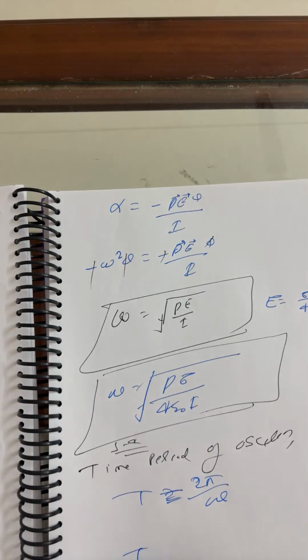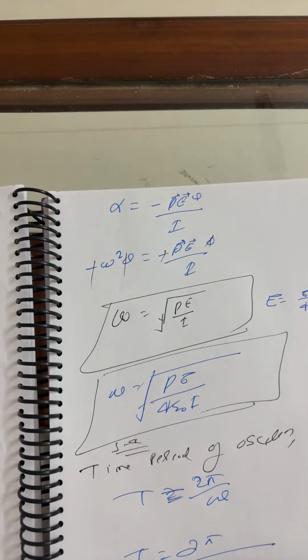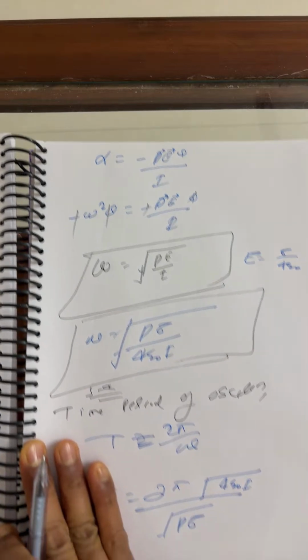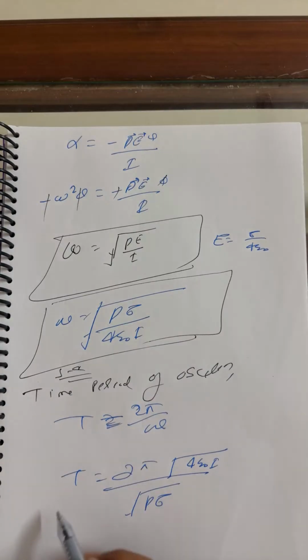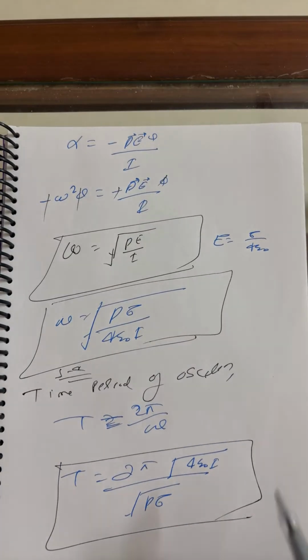Omega we already found, so T is 2 pi times the root of 4 epsilon naught I upon P sigma. So this is the answer to this question.